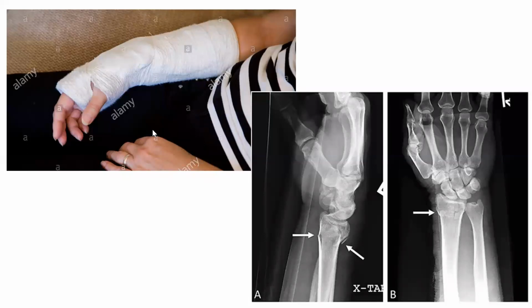X-ray B is an anteroposterior view of the wrist joint, including the distal ulna and the radius, and carpal bones and the metatarsal bones, including the distal proximal phalanxes.